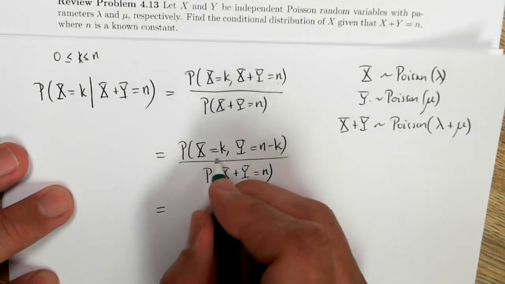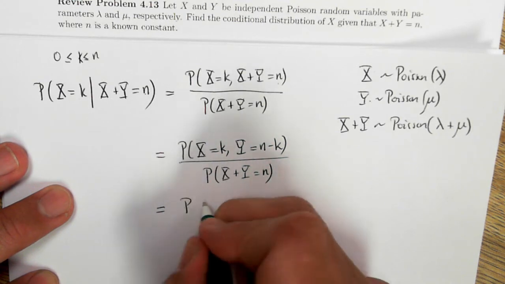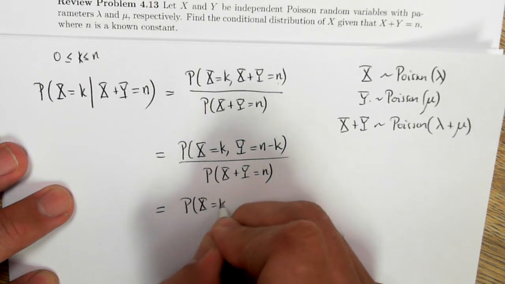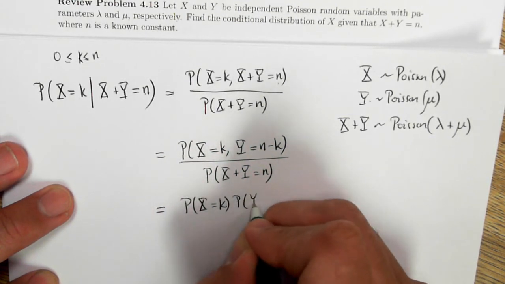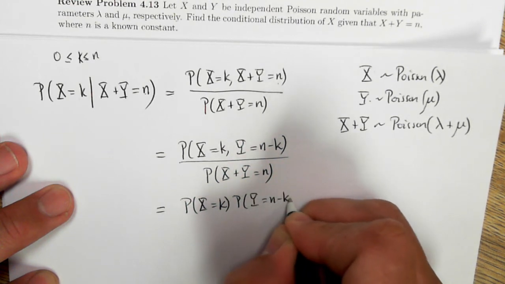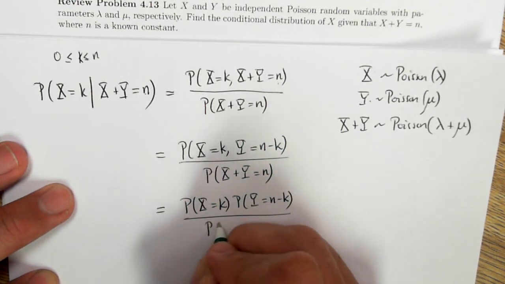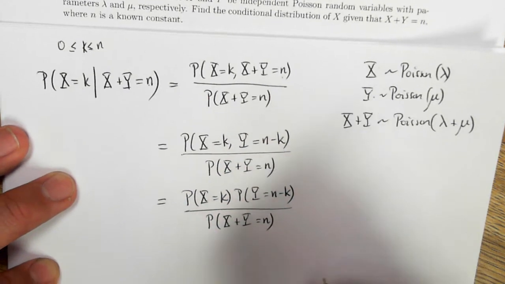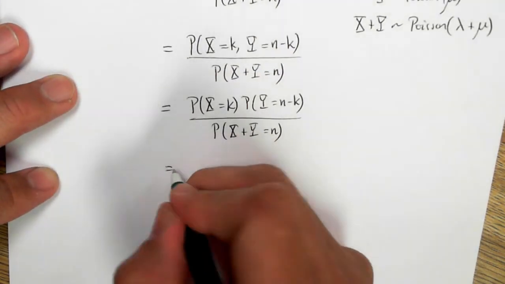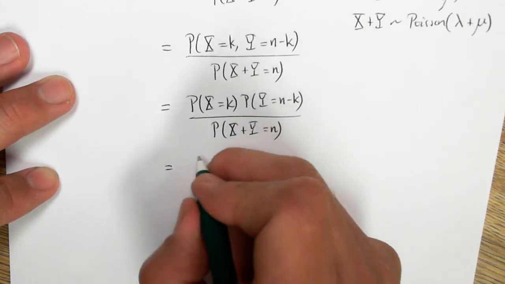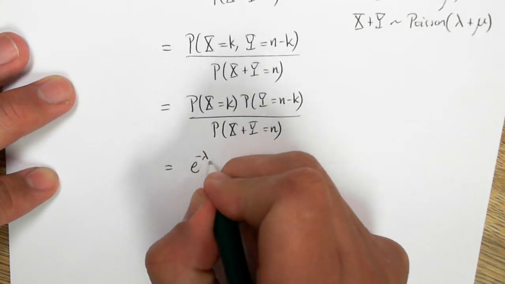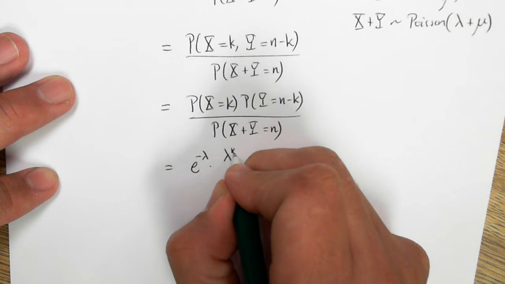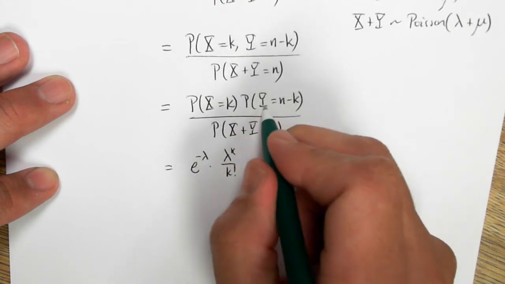Okay, so let's figure this out. That splits up into the probability that X equals k times the probability that Y is equal to n minus k, divided by the probability that X plus Y is equal to n. So using the Poisson distribution, this is e to the minus lambda times lambda to the k over k factorial.